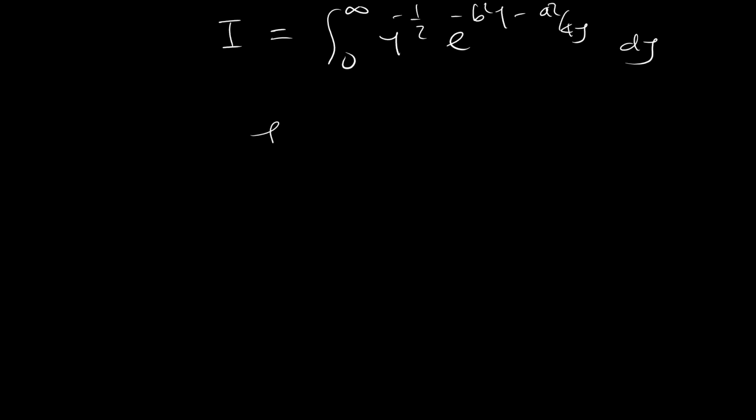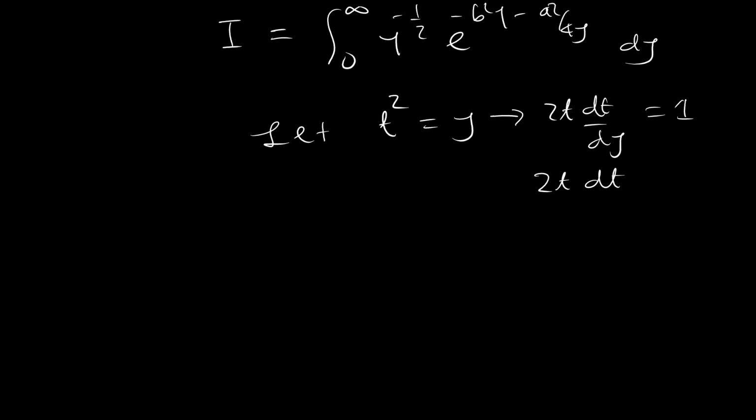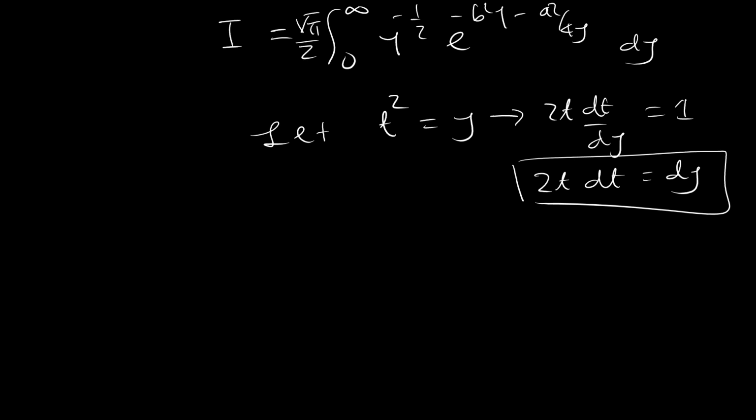So we could say let t squared be equal to y, such that 2t dt over dy is equal to 1. And so we can substitute for dy with 2t dt, right? Sorry, we had forgotten root pi over 2 there. That will come in handy.